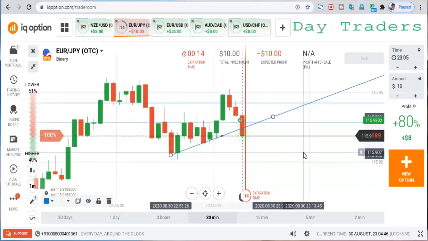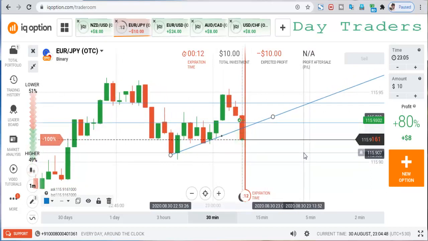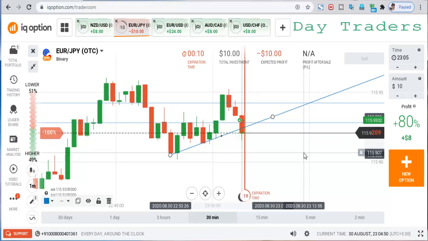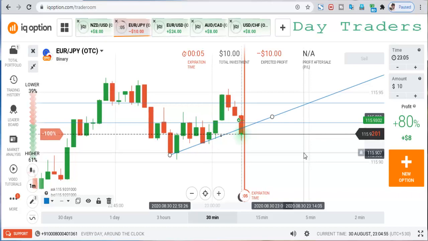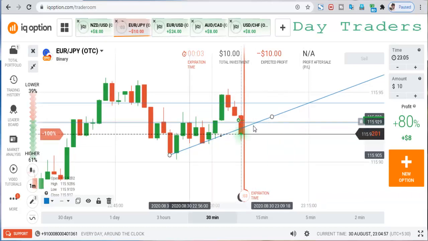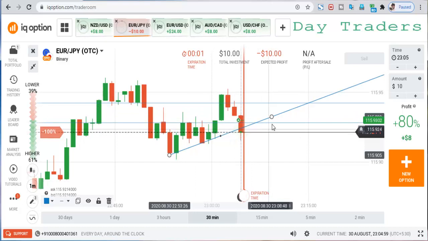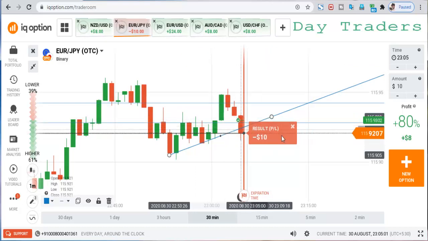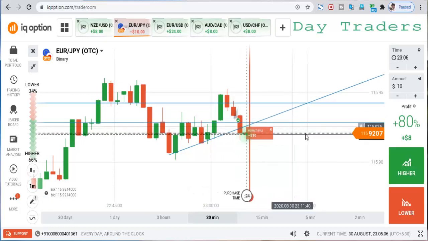Okay, there is no respect at this candle, and okay, I will try to recover this trade.